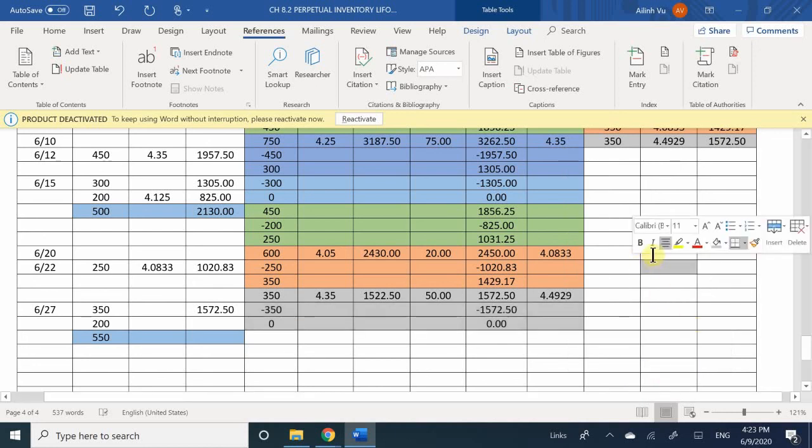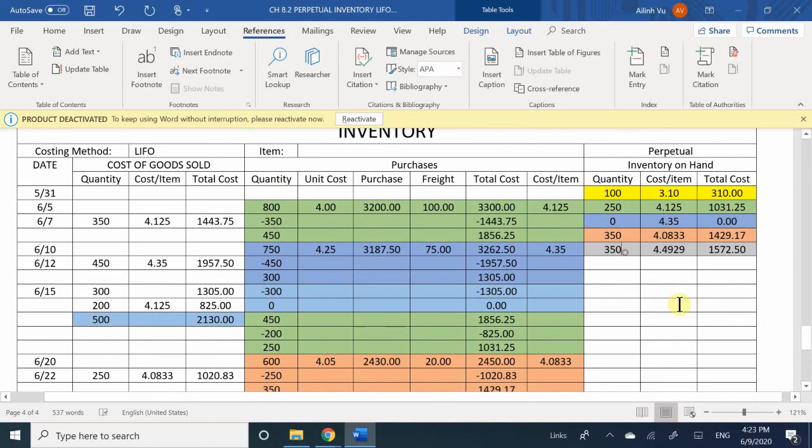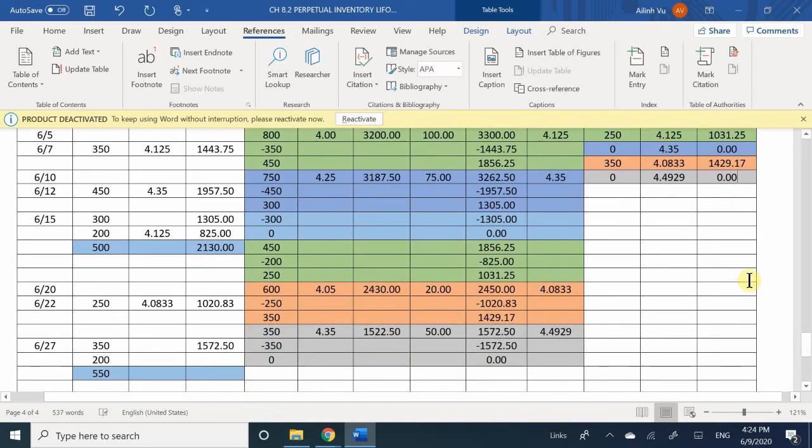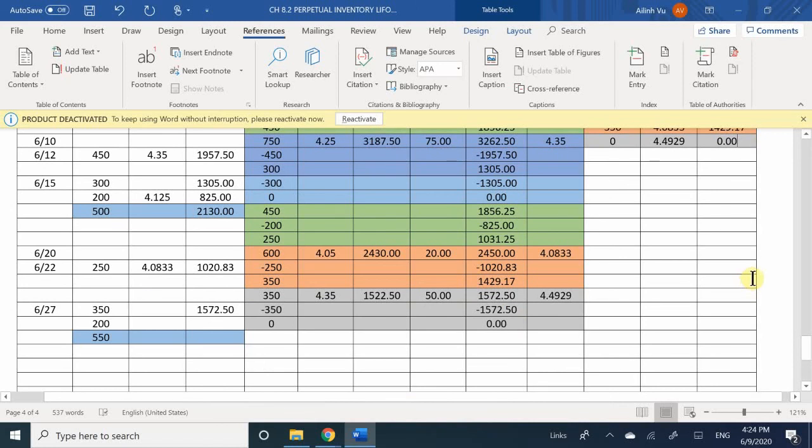So we still need the 200. Yes, and now we still need the 200. We can take 200 from the 250. So we took the 350 from the gray batch, starting from the bottom.